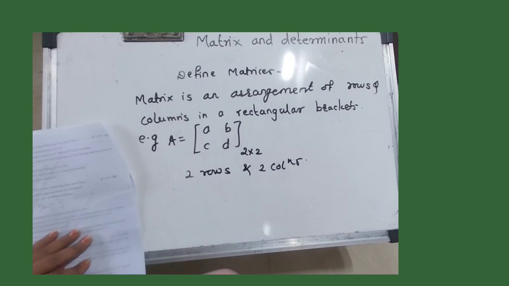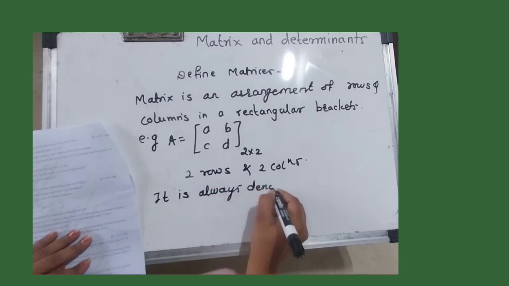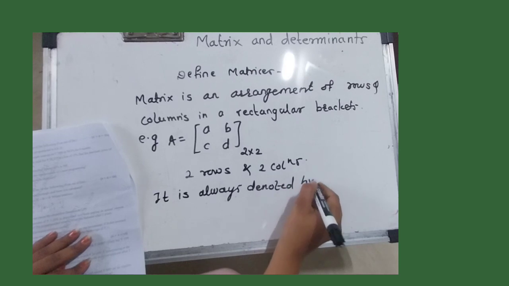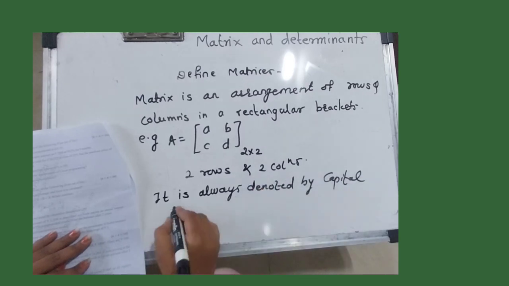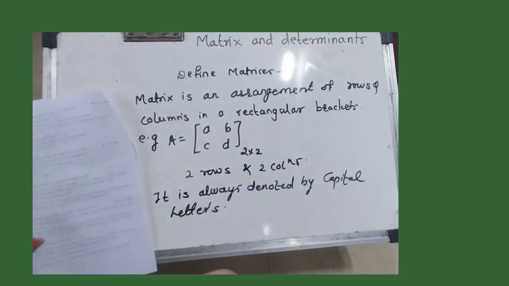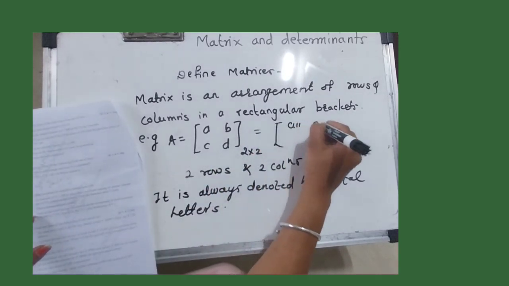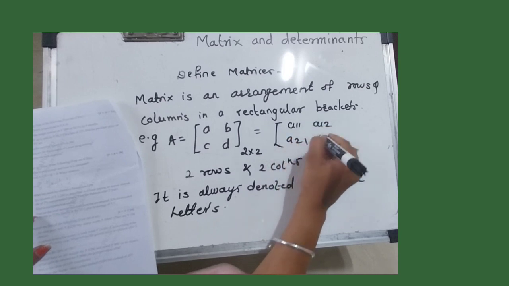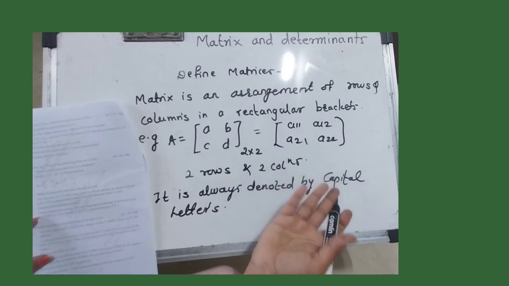Clear? It is always denoted by capital letters. Here we can also say that this is a11, a12, a21, a22. You can write it as a 3 by 3 also.